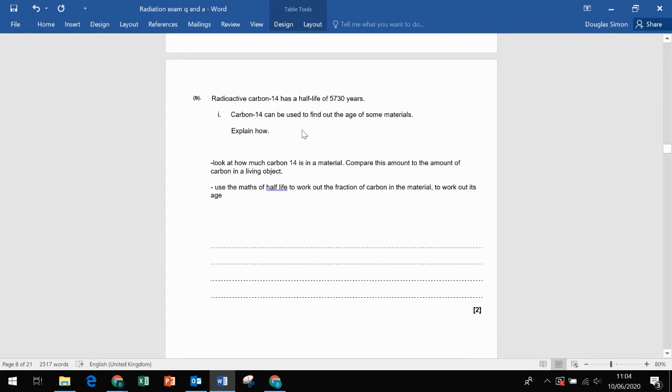Supposing you found a piece of material in the ground that had 50% of the carbon-14 that a living thing has, well, then you know that half of it has decayed, so it must be 5,730 years. Supposing you found something in the ground that had a quarter of the carbon of something that was living, you would know that it's undergone 2 half-lives, halve it and halve it again. So it would be about 14,000 years and so on. So that's the idea behind carbon dating.